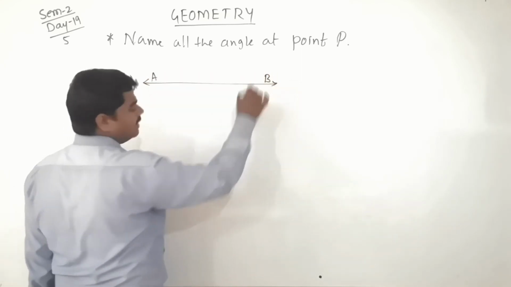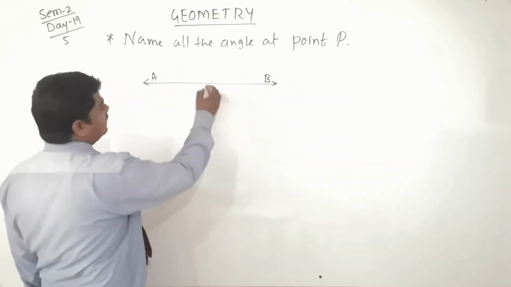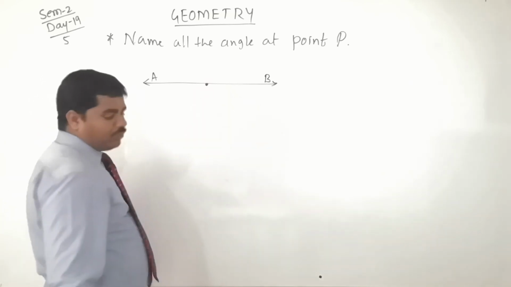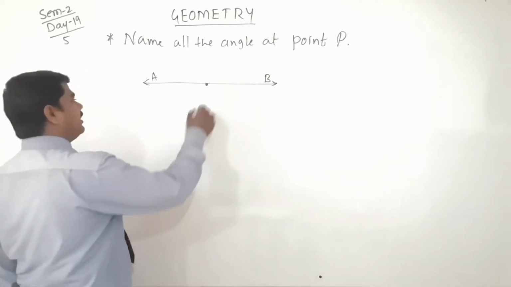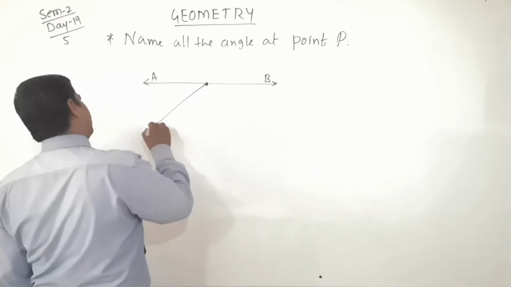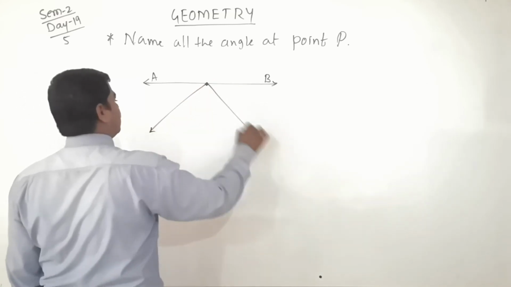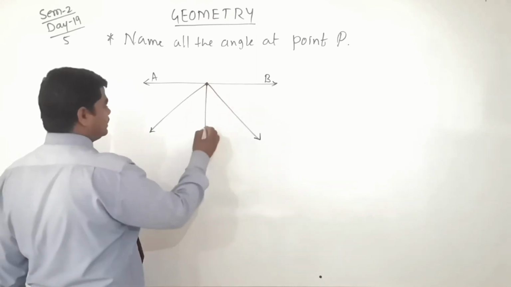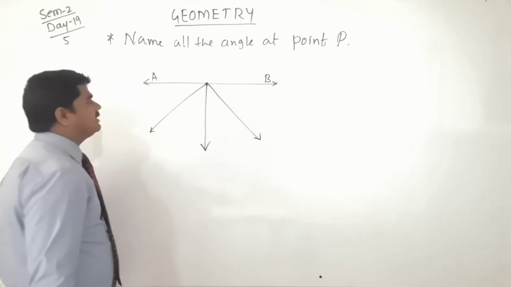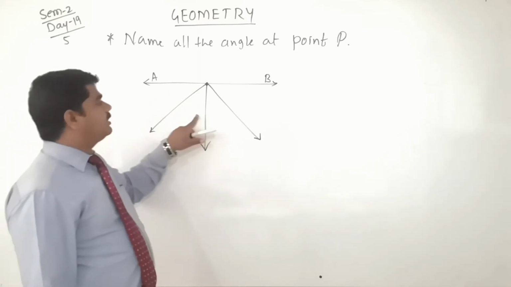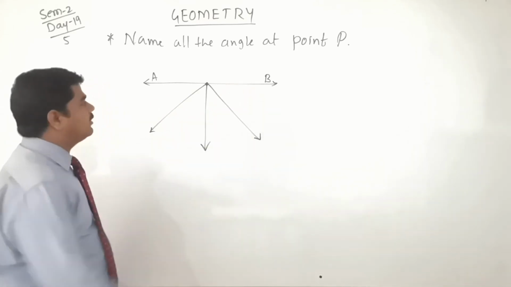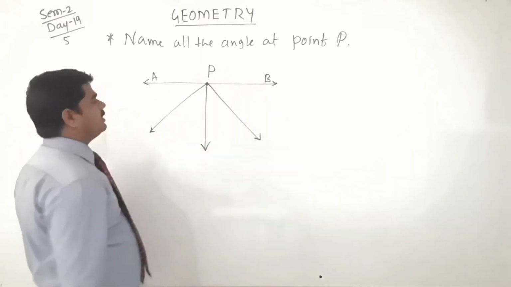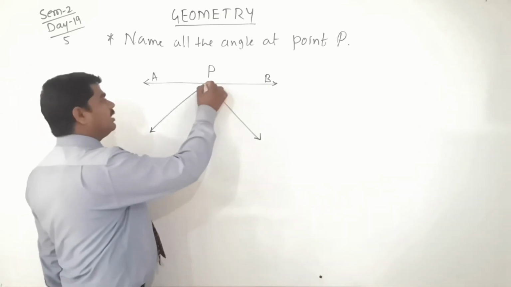Here the figure is, yes, this is the ray AB, and point P is here. From here also there is one ray, another ray, and here three rays. Totally how many rays are there? 1, 2, 3, 4, 5 rays. Here P, 5 rays are having a common end point.